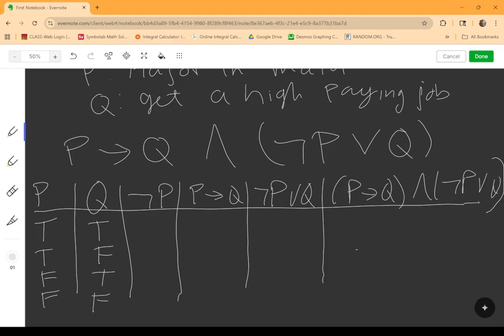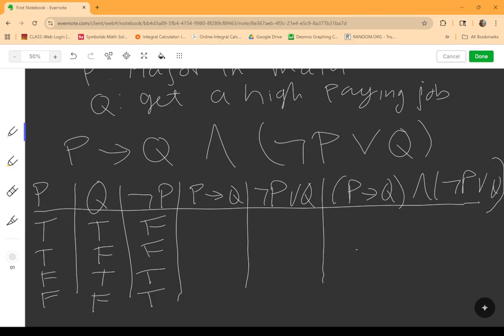And then not P is just going to be, when P is true, then not P is false. And when P is false, then not P is true, because we're negating P. If we negate false, then it must be true.